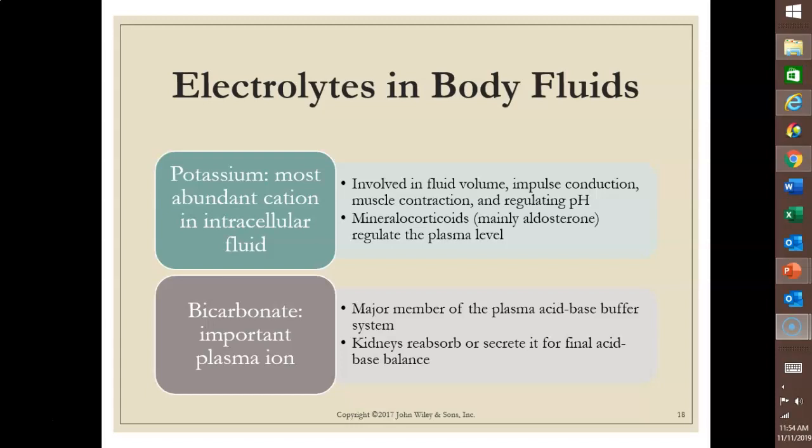The kidneys are the main regulators of blood bicarb concentration. The cells of the renal tubule can either form bicarb and release it into the blood when blood levels are low, or excrete excess bicarbonate in the urine when the levels are too high, and therefore help to regulate blood pH.